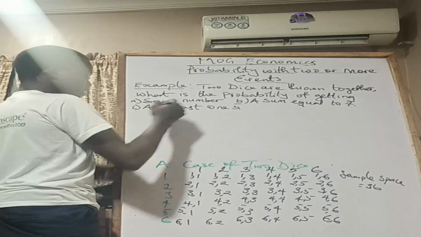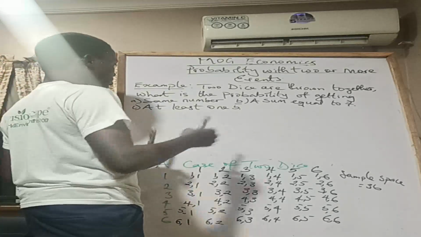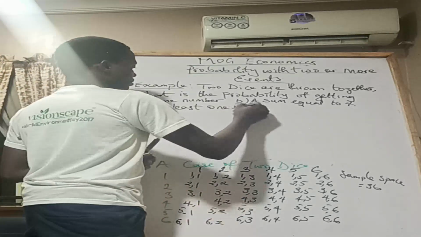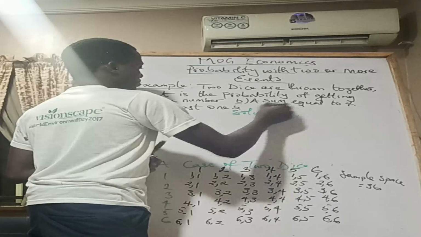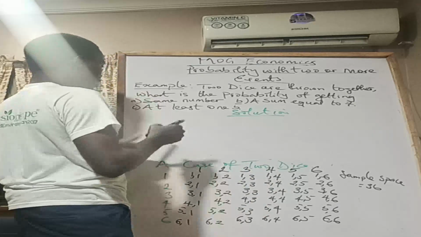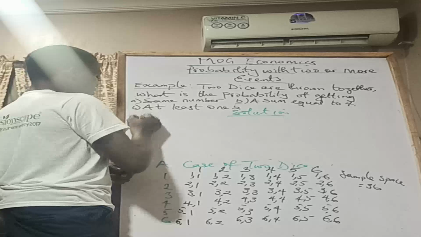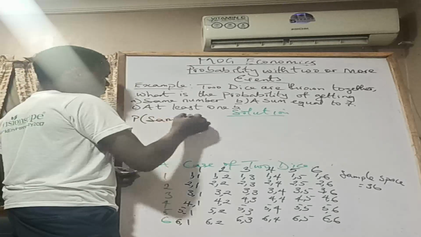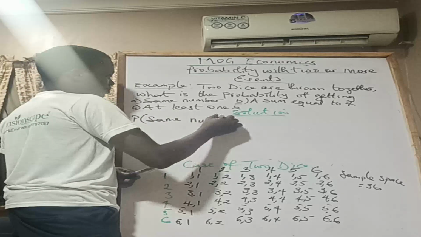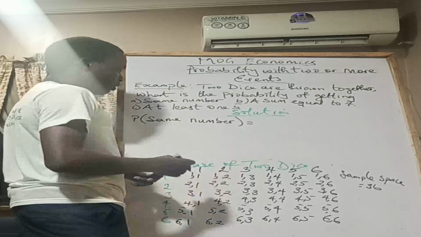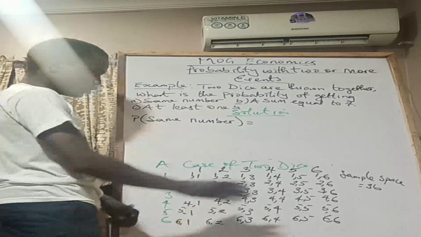Okay, so the solution. P of same number equals, now look at our sample space.